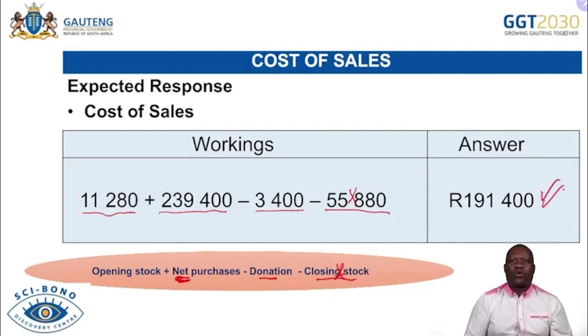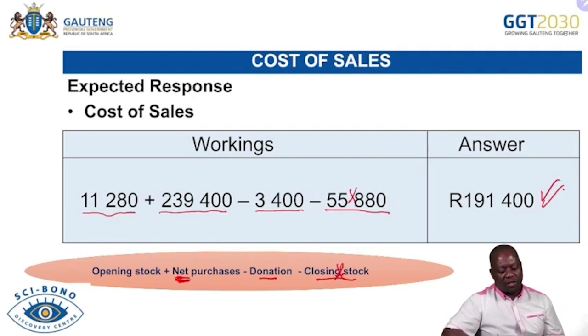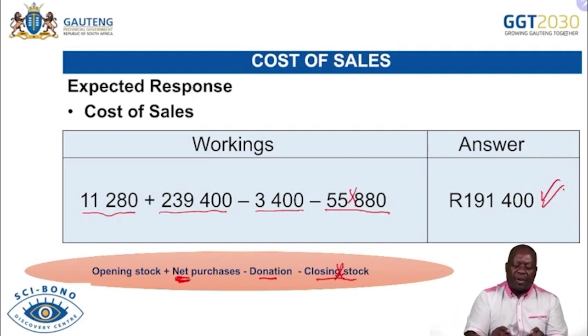What is key on cost of sales is for you to be in a position to remember the formula. Opening stock, add net purchases. Net purchases excludes returns. In other words, always subtract returns from the purchases. And then minus donations, and we are going to have subtraction of our closing stock. And please take note, we are using the values.